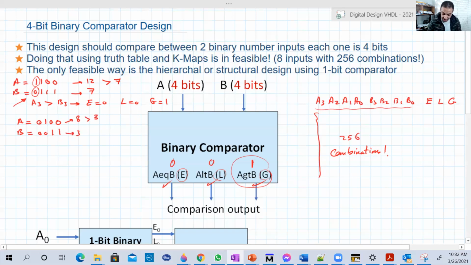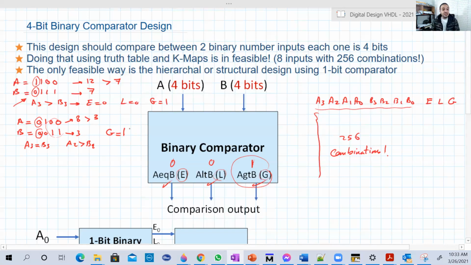Look, A3 and B3 are equal, but A2 is greater than B2, and you don't need to check the other bits, A1, B1 and A0, B0. Also, A1 is less than B1 and A0 is less than B0, but since A2 is greater than B2, then for sure A is greater than B, and in that case G will be 1 again, L will be 0, and E will be 0.